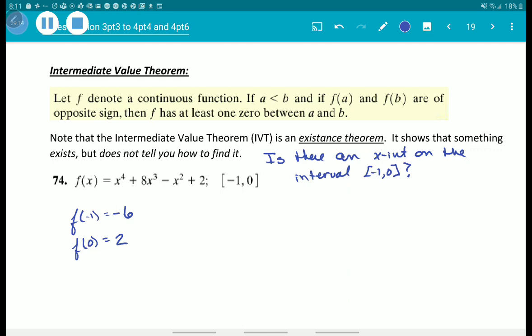So, we have a polynomial. We know it's continuous. That's part of the criteria here. And here's what's going on. We actually found 2 points on this graph. At negative 1, we're down at negative 6. And then at 0, we're at 2. Well, if this is continuous, I have to be able to connect those dots. And the only way I can connect those dots is if I cross that x-axis. So that means that yes, there is an x-intercept on that interval.